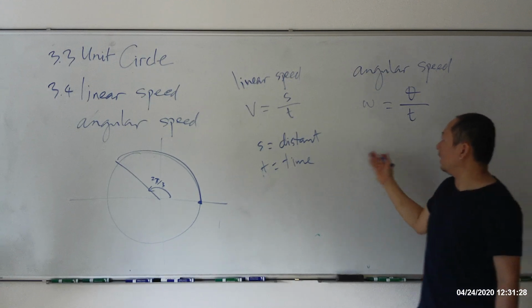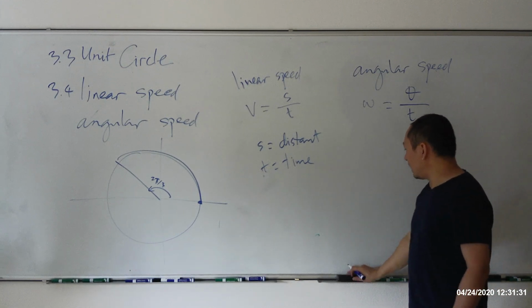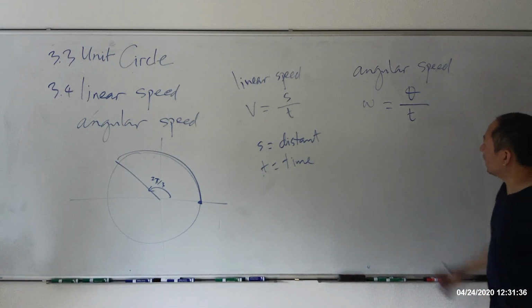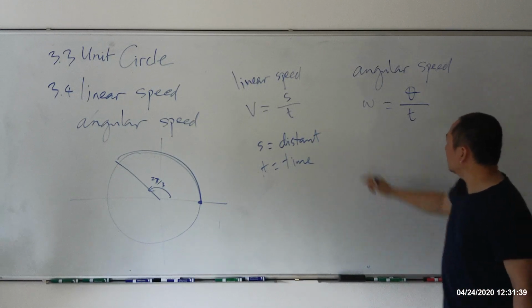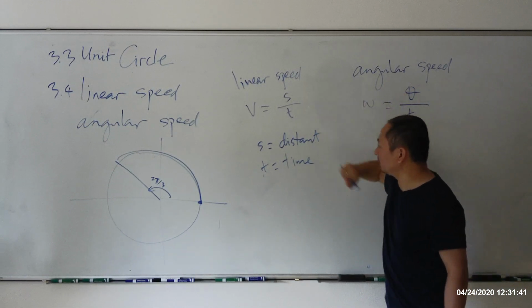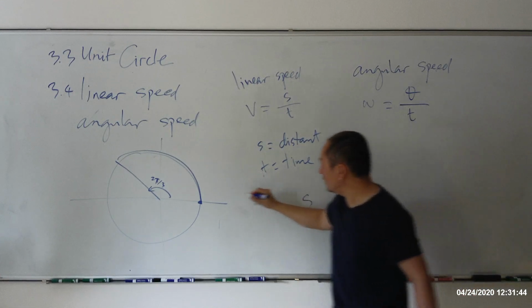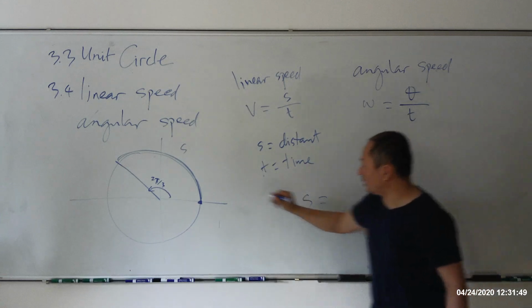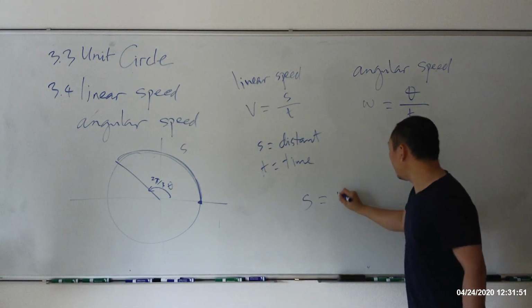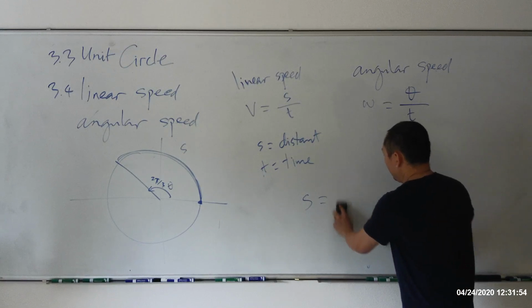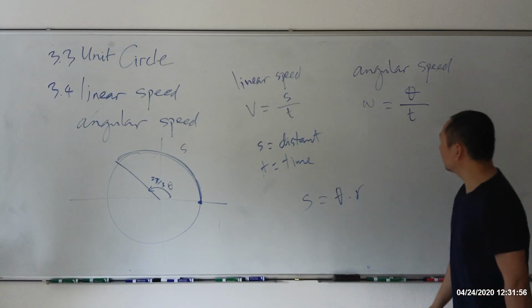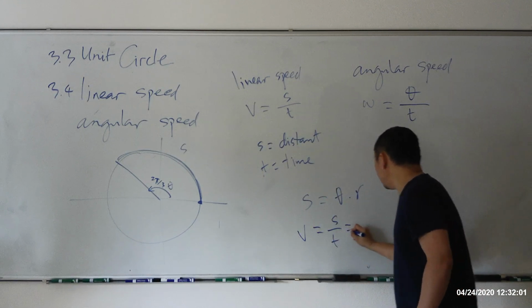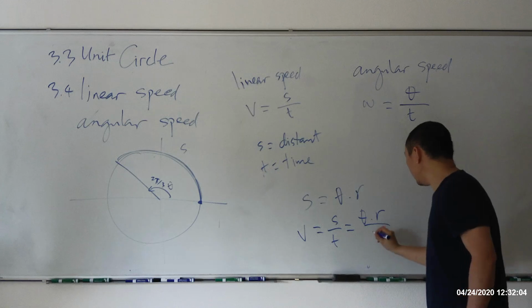And what is the connection between the linear speed and the angular speed? It depends on the radius, right? You know that s, from here to here, with angle theta, is r times theta. So velocity is s over t, which is theta times r over t.